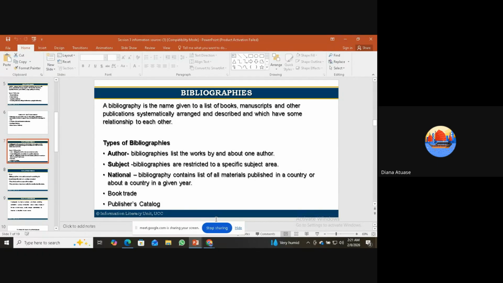But the bibliography doesn't contain the information. It will just give you this, and having this, you can go further to look for the actual information. So it is a compilation, a listing of publications by authors. That is bibliography. I hope you are clear now.